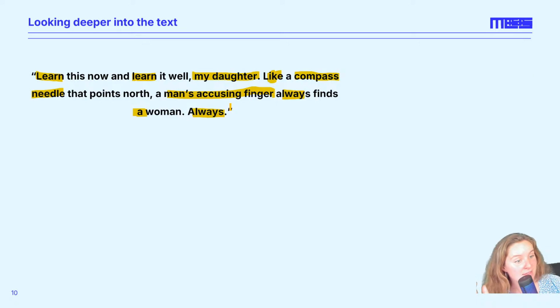Perhaps, yes, that phrase, my daughter, really does stand out because daughter suggests an intergenerational passing on, not only of this message, but also of the society in which this automatic blame occurs. So it seems like Nana feels a responsibility to pass this warning on to the next generation before it can be affected, as much as Nana can do.